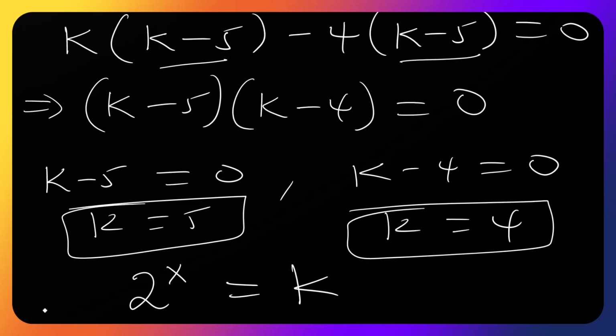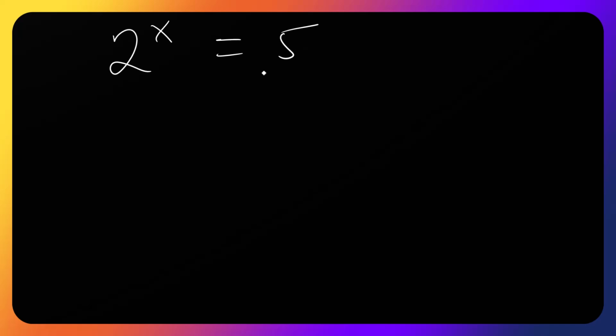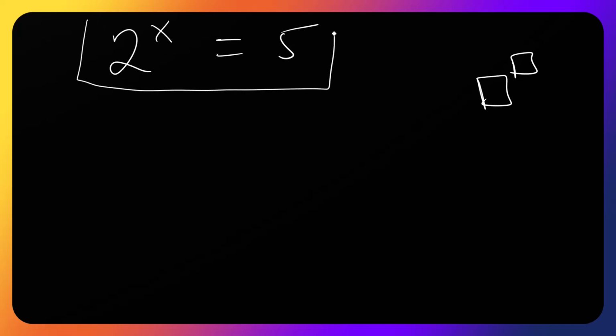Since this side is 2 and we can't express 5 in the form of this, for now it will be rejected because we have to take log on both sides. Once we go through logarithm, we'll come back and then we do this with ease. All right, so let's look at the next one.